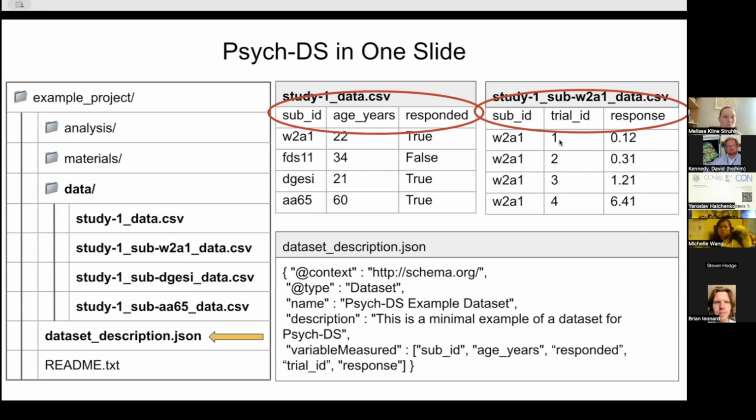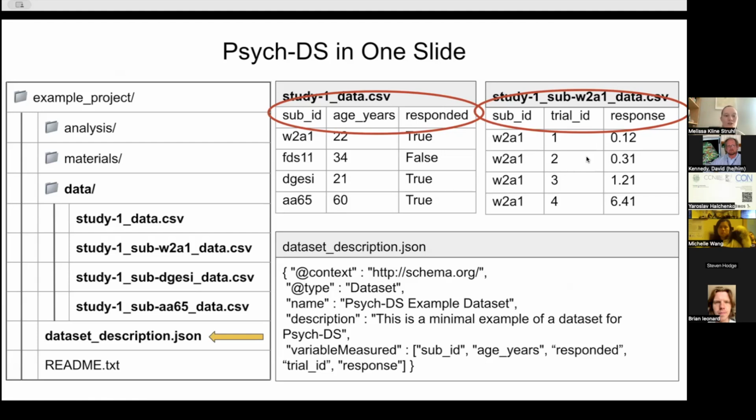And then as I'm collecting my data, as I'm managing the data that's coming in, maybe I then also have data that's at the level of the participant. So in addition to each participant's separate data file with data per row at the level of the trial, we could also have data at the level of the participant.